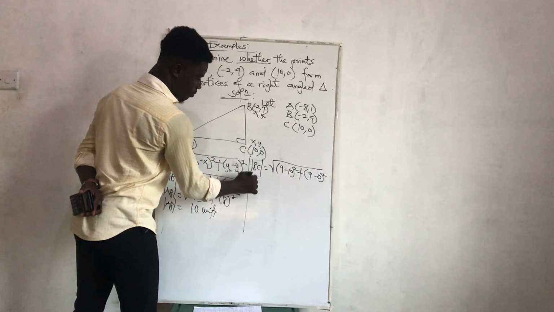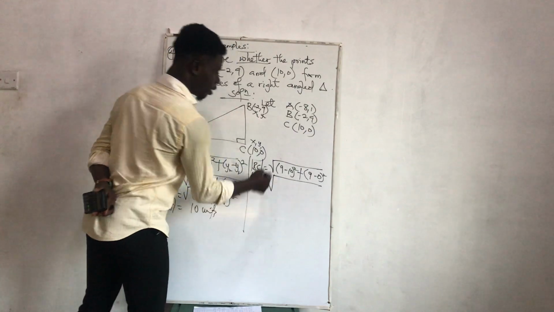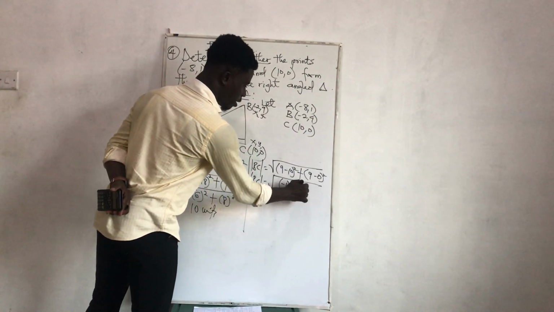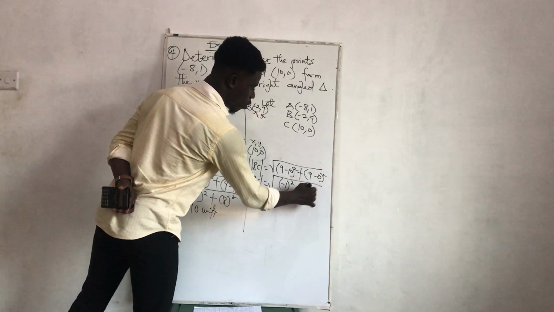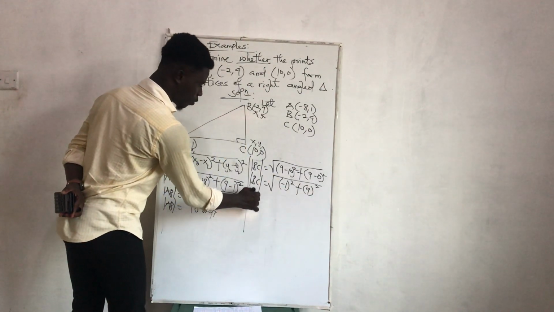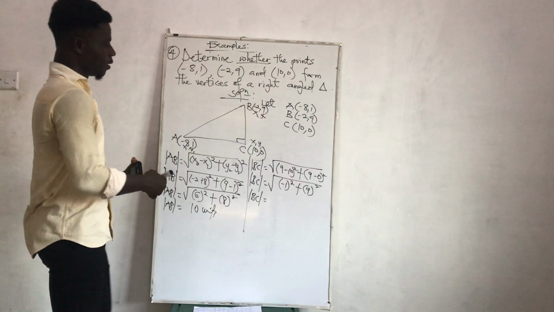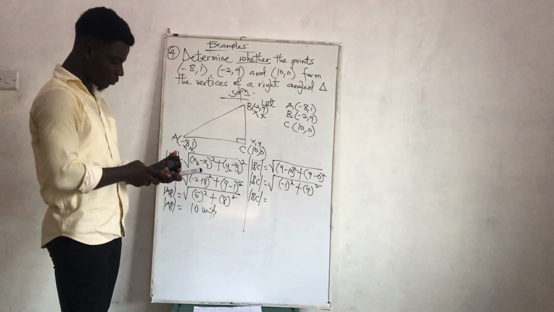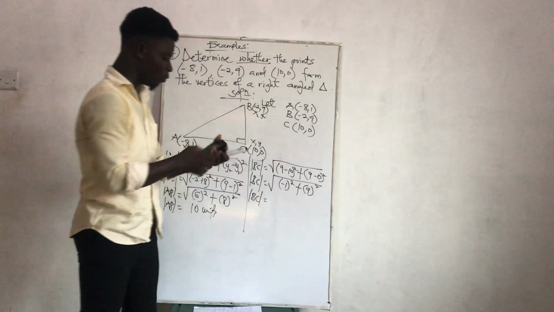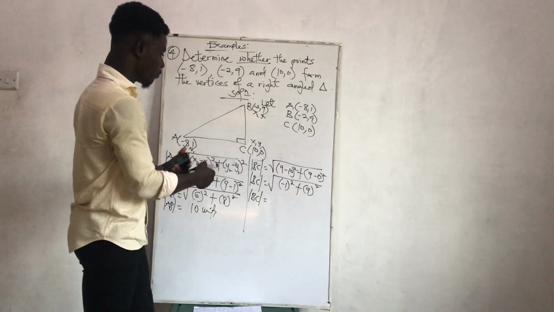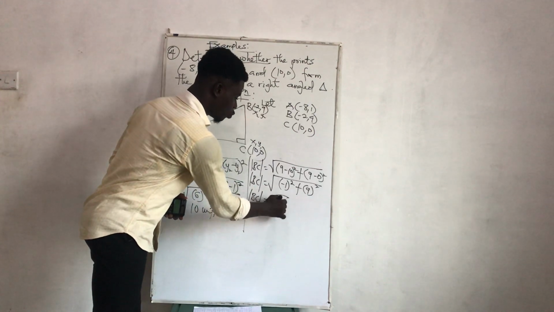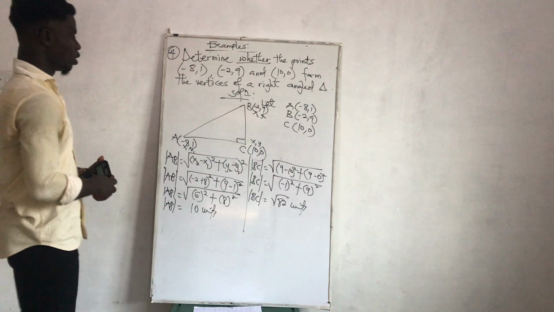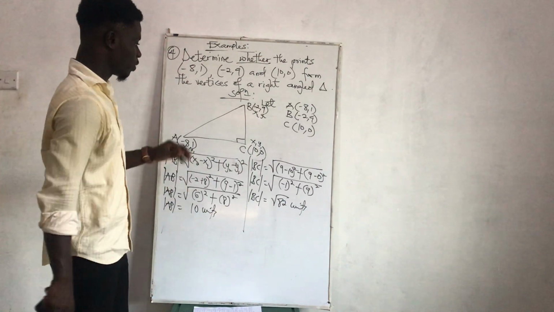So 9 minus 10, which is minus 1 all squared, plus 9 minus 0, which is 9 all squared. So the length of BC must be equal to negative 1 all squared, which gives 1, plus 9 squared, which gives 81. So we have square root of 82 units.